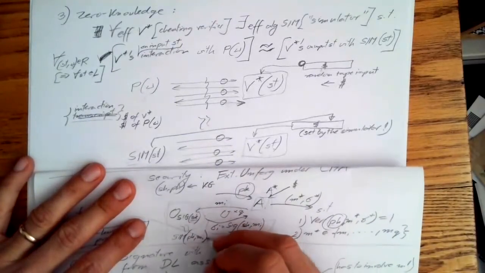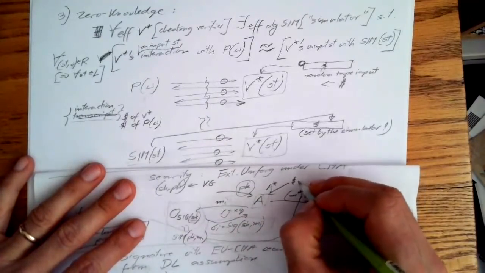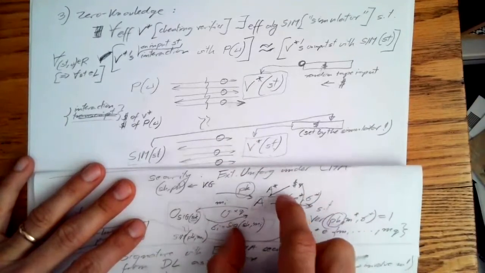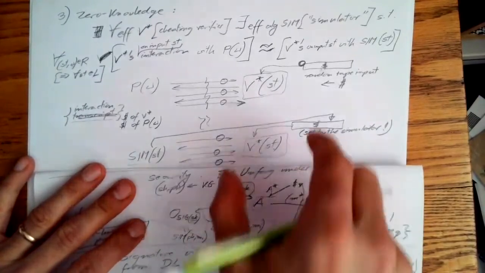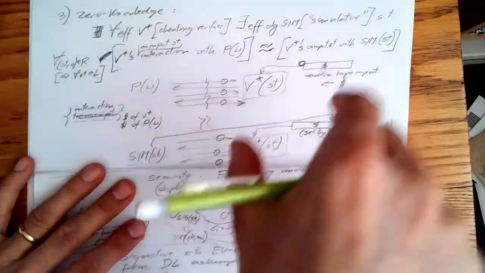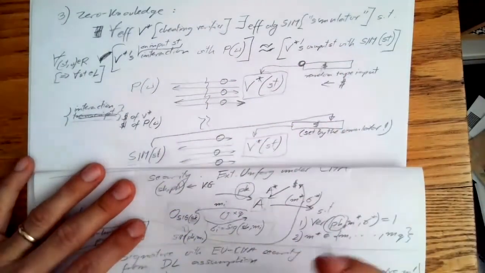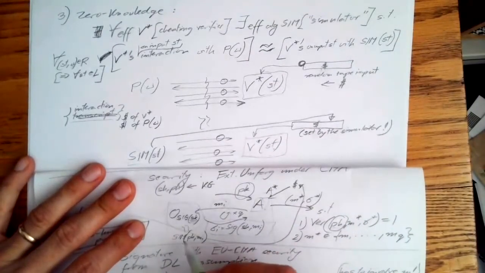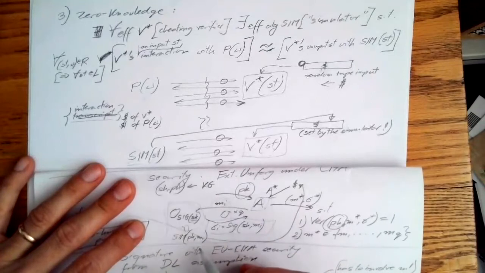So if the simulator fixes this random tape, and if the combined view of the random tape and the proofs is indistinguishable between what this adversary would expect and the simulation, that's fine, right? The same argument basically goes through.